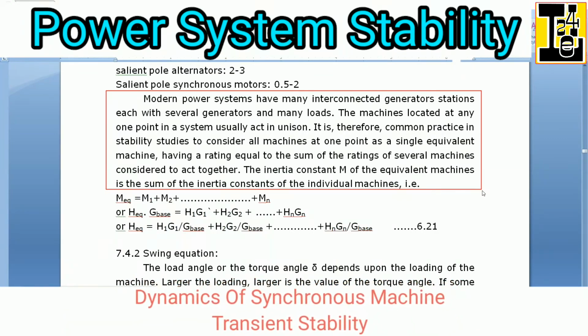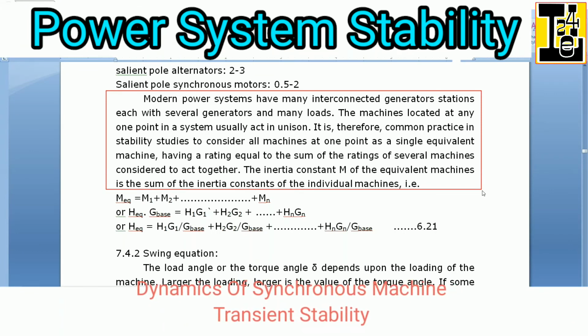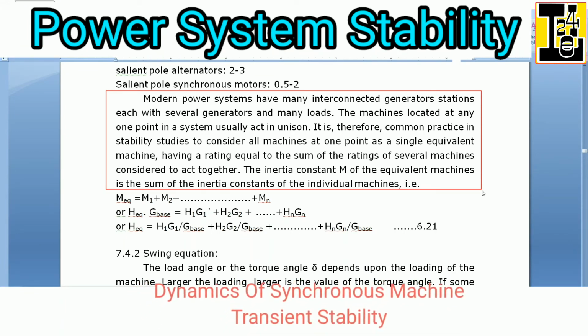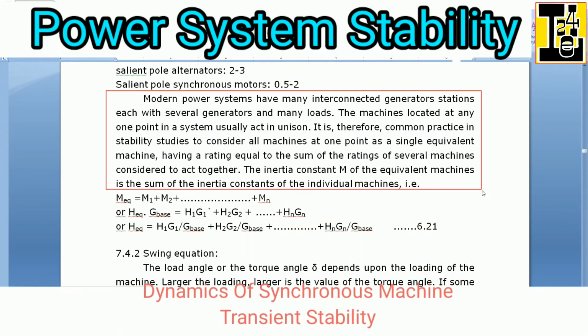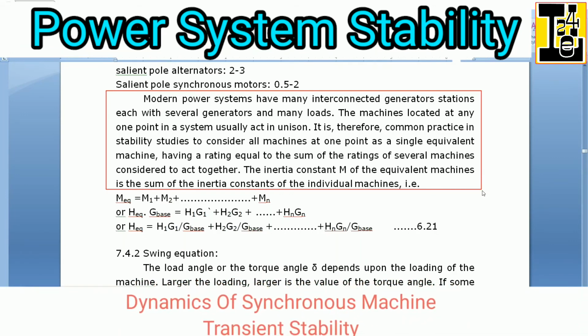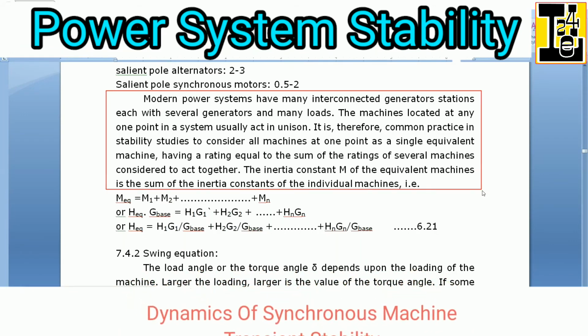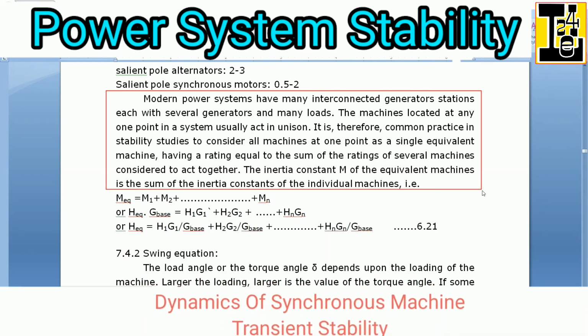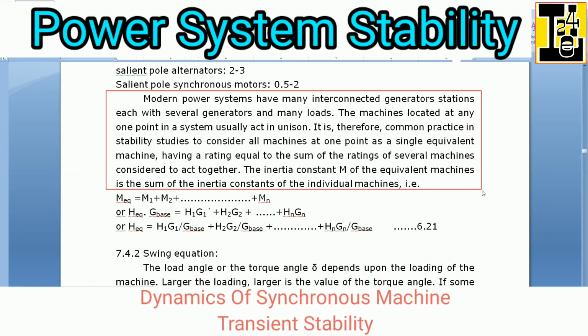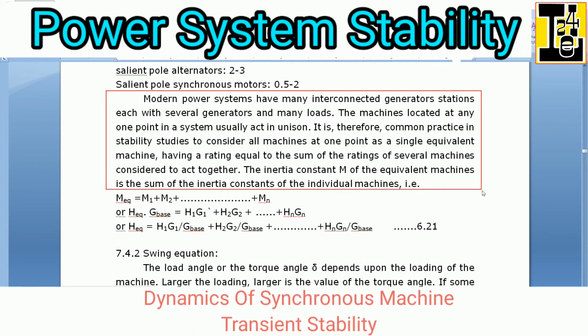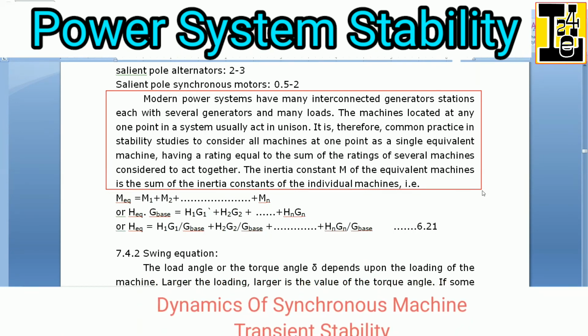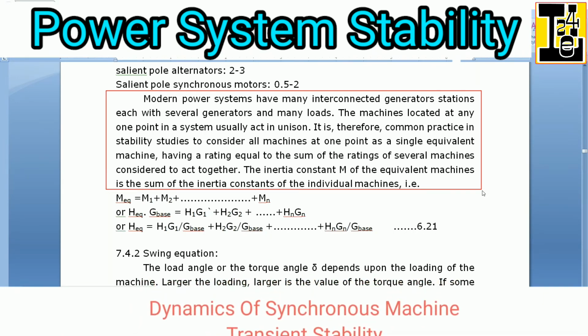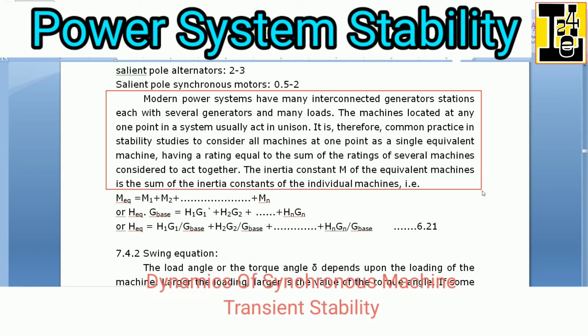It is therefore a common practice in stability studies to consider all machines at one point as a single equivalent machine, having a rating equal to the sum of ratings of several machines considered to act together. The inertia constant M of the equivalent machine is the sum of the inertia constants of the individual machines.